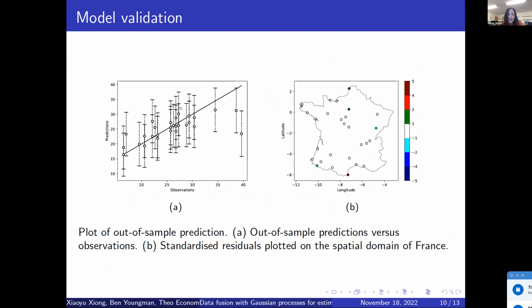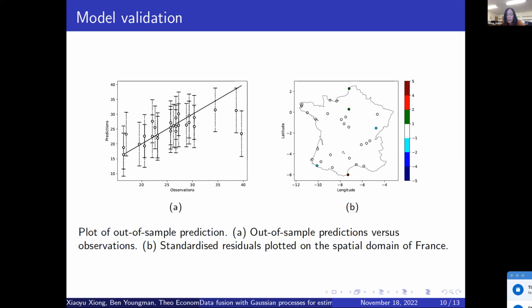Figure A shows these out-of-sample predictions versus the observations. The solid line indicates the case where the predictions match the observations exactly, the circles indicate the predicted mean versus observations, and the dotted line indicates the 95 percent quantile interval for each out-of-sample test point. As we can see, out of these 28 test points, only one point is underestimated.